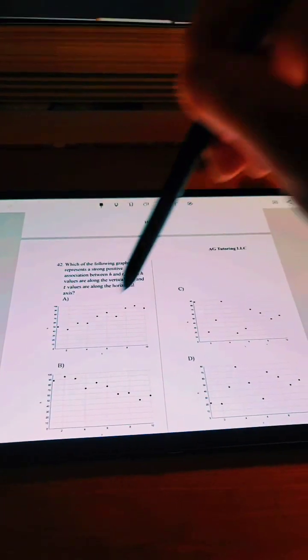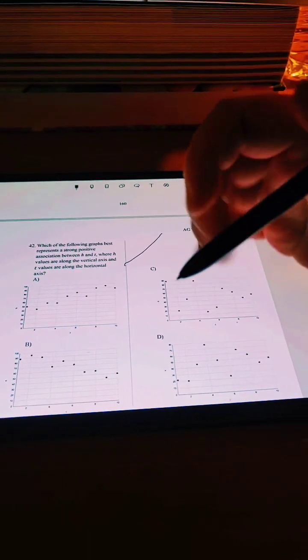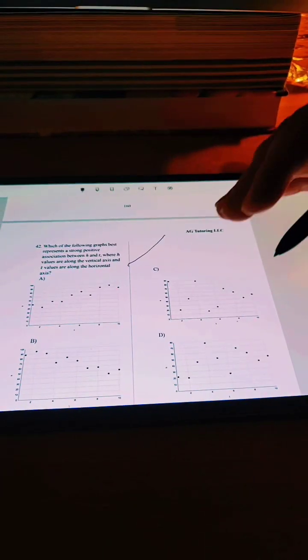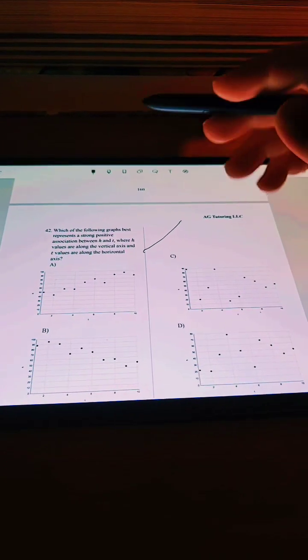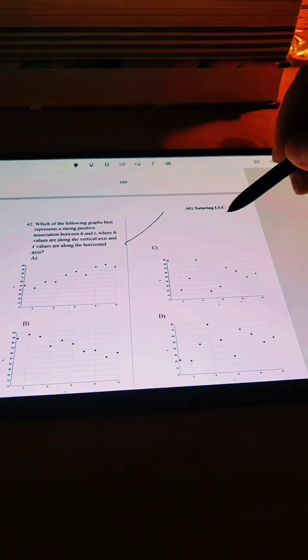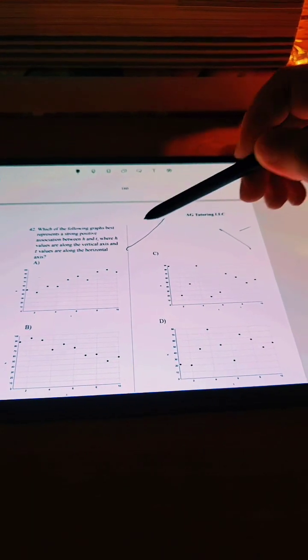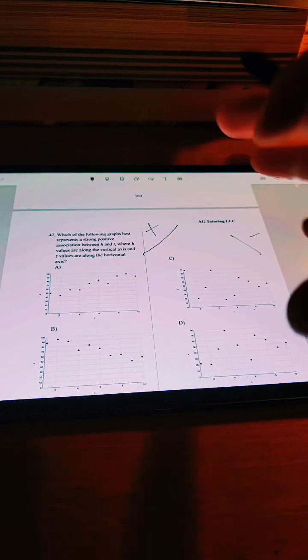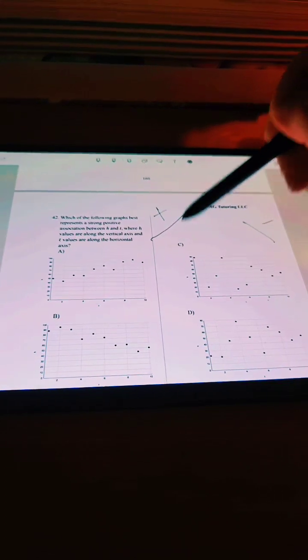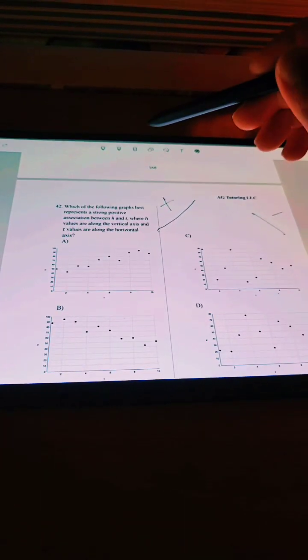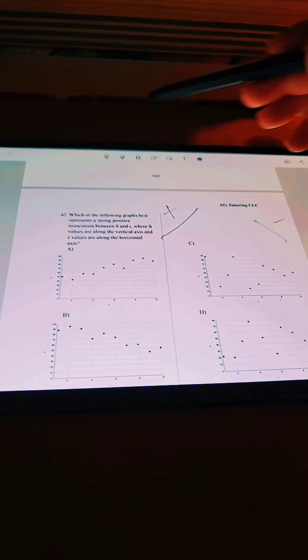Okay, so positive association is going to be like this way, basically as close as you could get to your typical positive slope line. That is a strong positive association. The opposite, like this one, would be a strong negative association. This one's a strong positive association. So you want the dots to kind of form one of those patterns, in this case, this pattern for strong positive association. So that's going to be answer choice A.